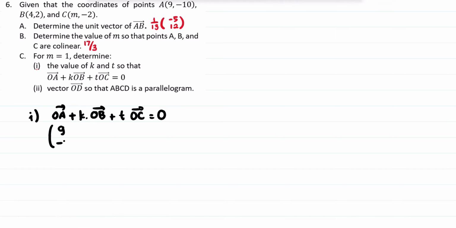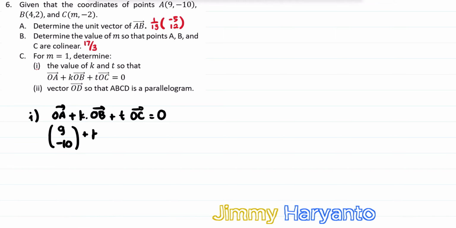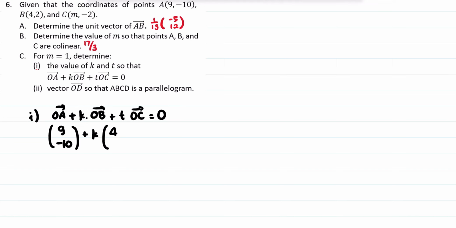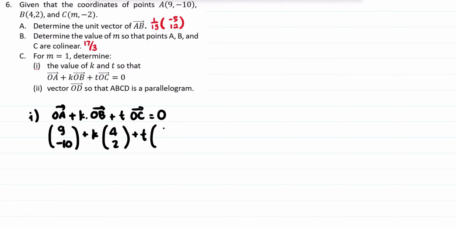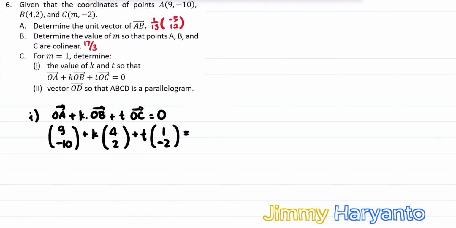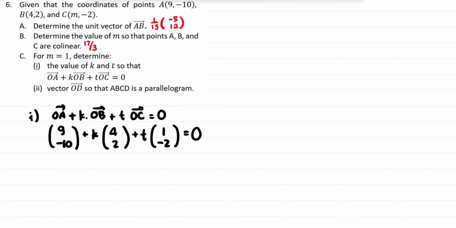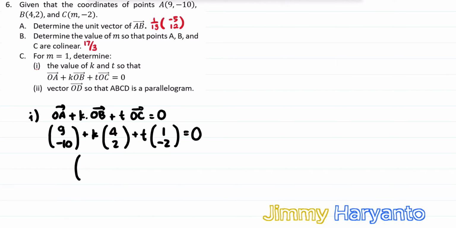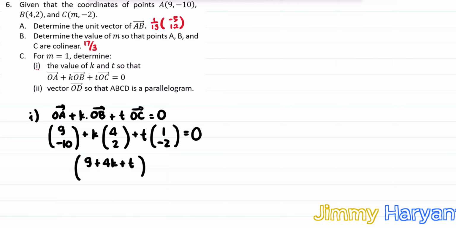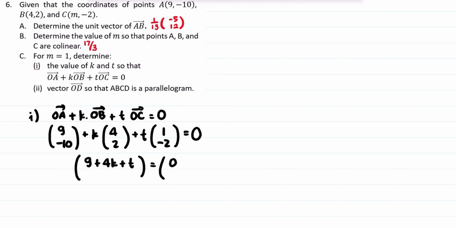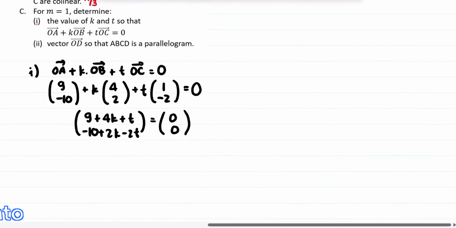We have (9, -10) for OA, plus k times OB, which is (4, 2), plus t times OC, which is (1, -2), since the m is already given. If you simplify it, you'll have 9 plus 4k plus t equals (0, 0). And then -10 plus 2k minus 2t equals 0.